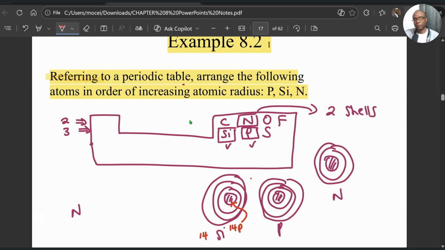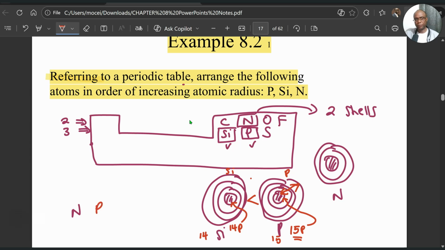Phosphorus has atomic number 15, meaning 15 protons in the nucleus, pulling in 3 shells with the electrons in them. So I expect that the atomic radius of phosphorus will be less than that of silicon, because it has a stronger nucleus that pulls the electrons in the shells closer to the nucleus, because you have more effective nuclear charge.